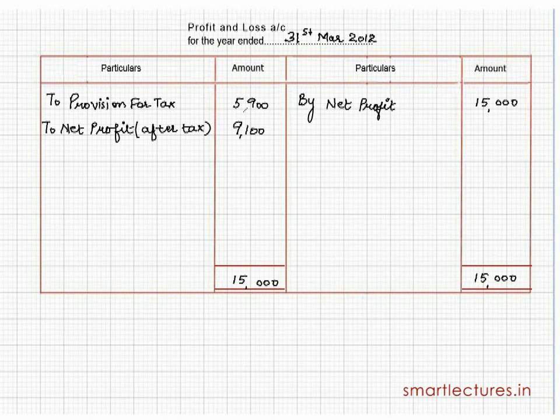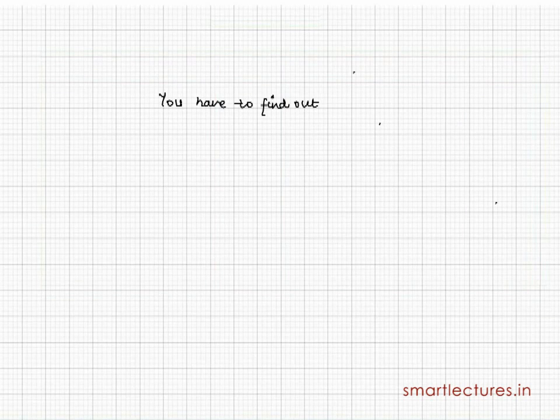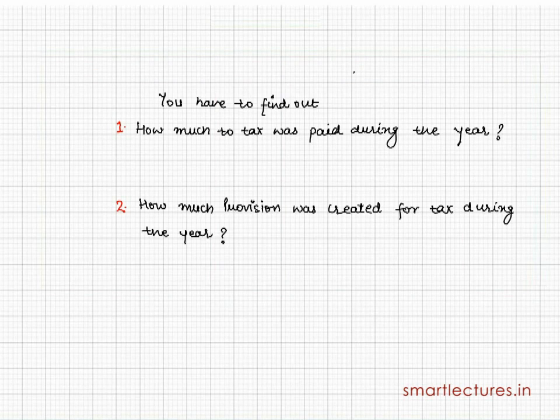So if you find any provision for tax on the liability side, you have to find out two figures: how much tax was paid during the year and how much provision was created for tax. Two things. The tax paid during the year will be shown in the outflow column in the cash flow statement.